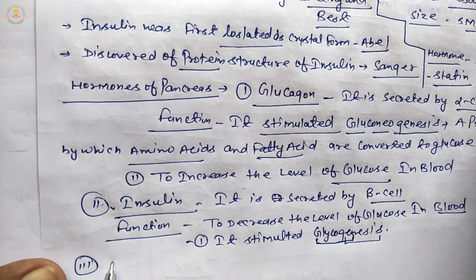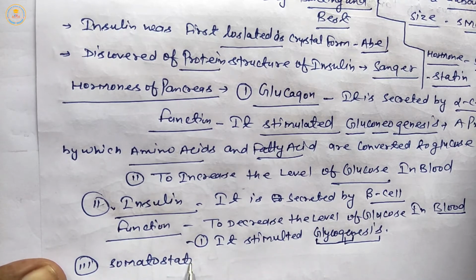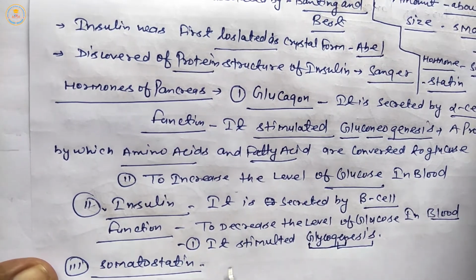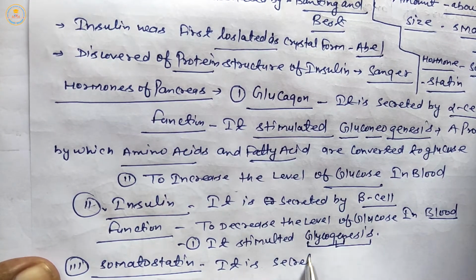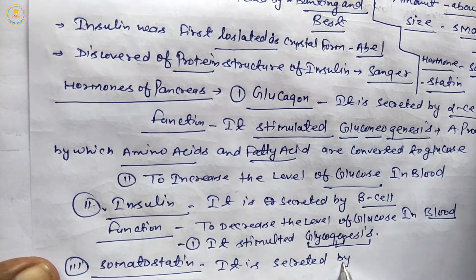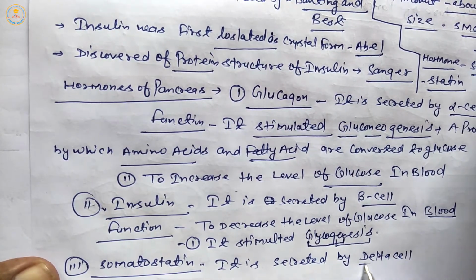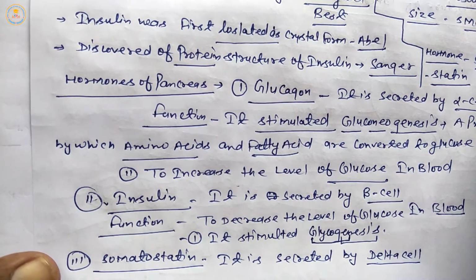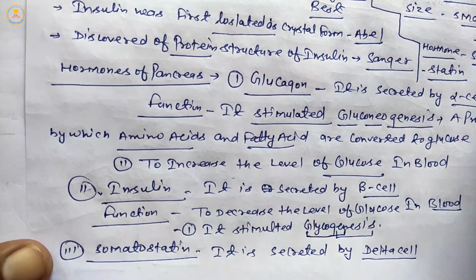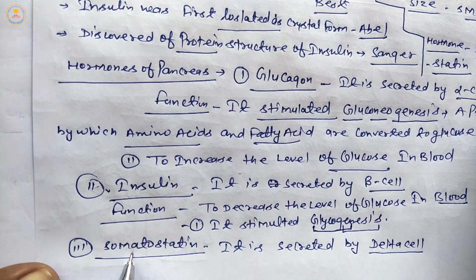Next, third is somatostatin. Students, it is secreted by delta cell. Delta cells are about 10% in islet of Langerhans, and small in size. The hormone is somatostatin.